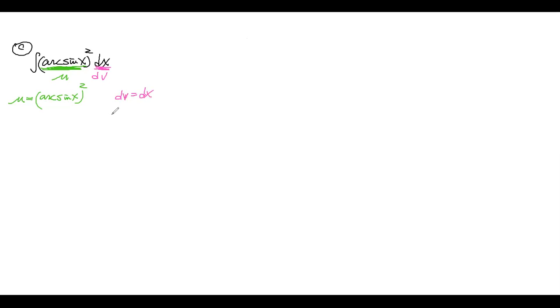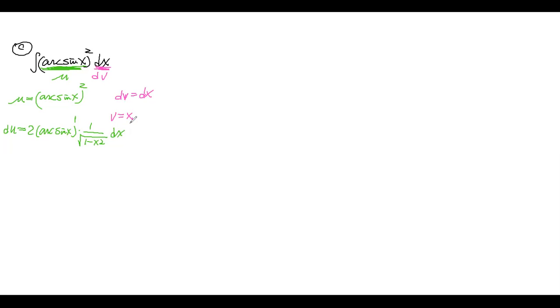So this one is easy to integrate, just be x here. So let's take a look at the du. First, I need to use the power rule. So this will be 2 arc sine x, 2 minus 1 becomes 1. Then the chain rule about the arc sine. So what is the chain rule about the arc sine? This is 1 over square root of 1 minus x squared dx, see here, right?